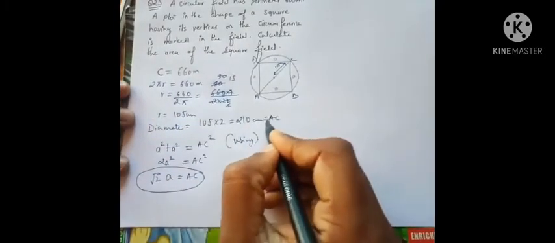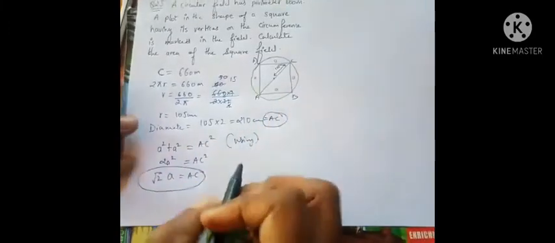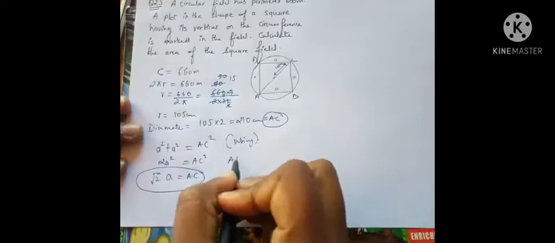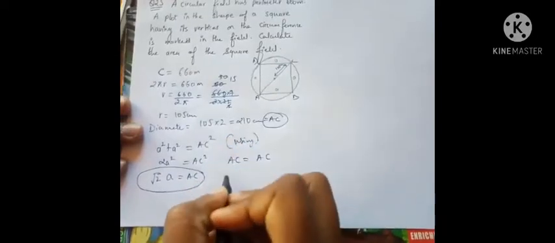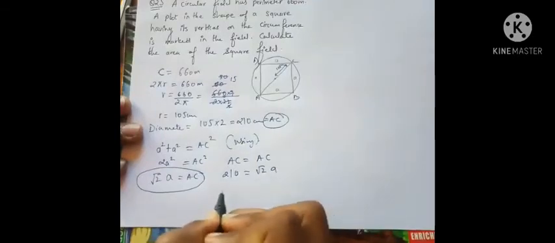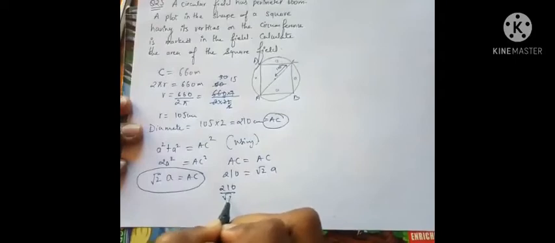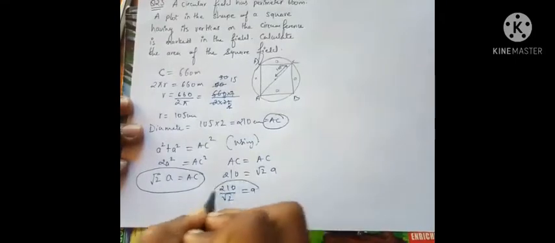The value of AC is root 2 A, and 210 is also the value of AC, if you have a look, because this is the diameter. So I have two values of AC, and I'll put them together: AC equals AC, so 210 equals root 2 A. So I'll be able to find A. 210 upon root 2 equals A. So this is my one side.